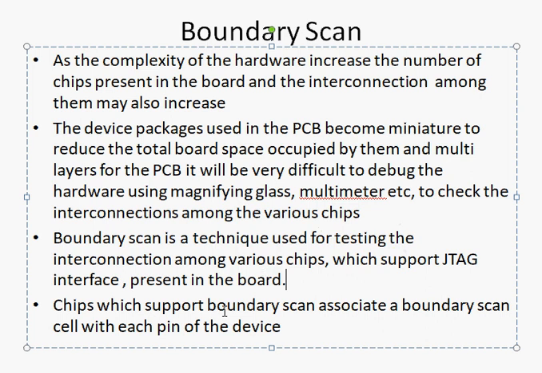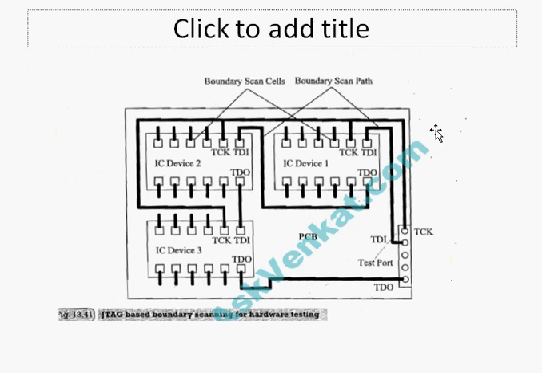The chips which support boundary scan can associate a boundary scan cell. So literally how does it look? For example, consider this as your whole PCB with 3 devices, and each device is one IC, so you have 3 ICs, with input and output lines.